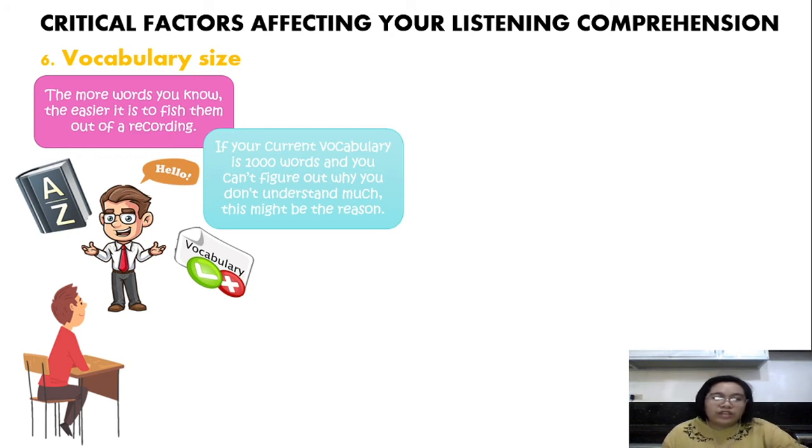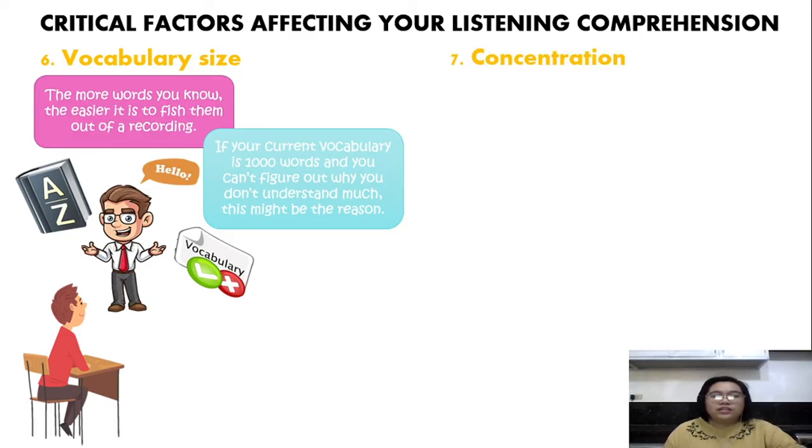A wide-range vocabulary improves all areas of communication. The learner's knowledge about words and their ability to link them to form meaning is essential. It is essential for students to learn vocabulary, and equally important to practice their listening skills. So vocabulary size matters in order for you to listen effectively.